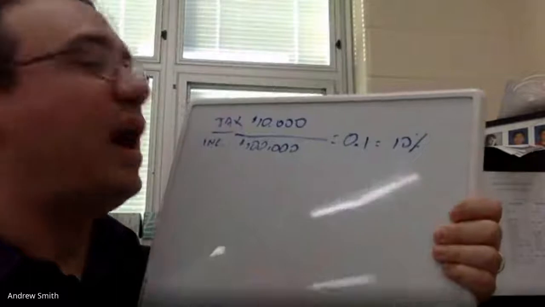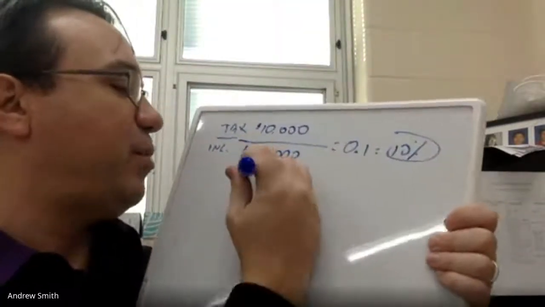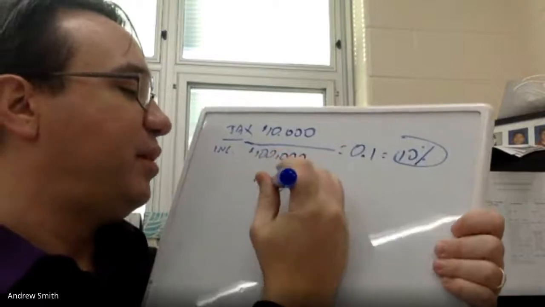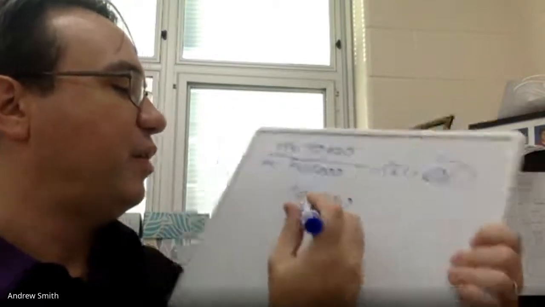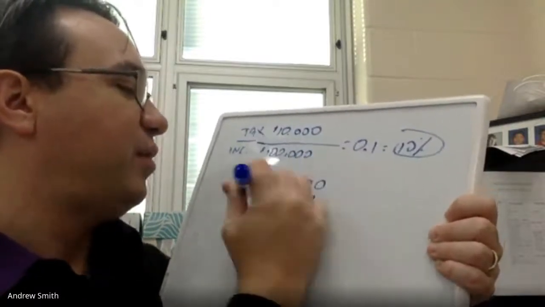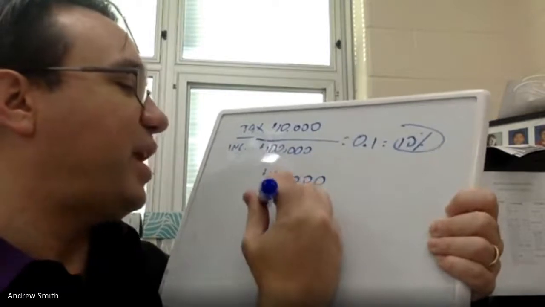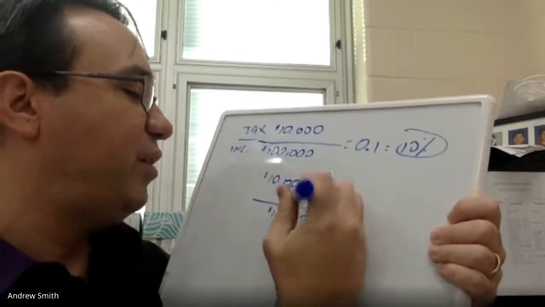Okay, now if I know my income is $100,000 and my tax rate is 10%, the amount of money I owe then is 100,000 times 0.1, which is $10,000.